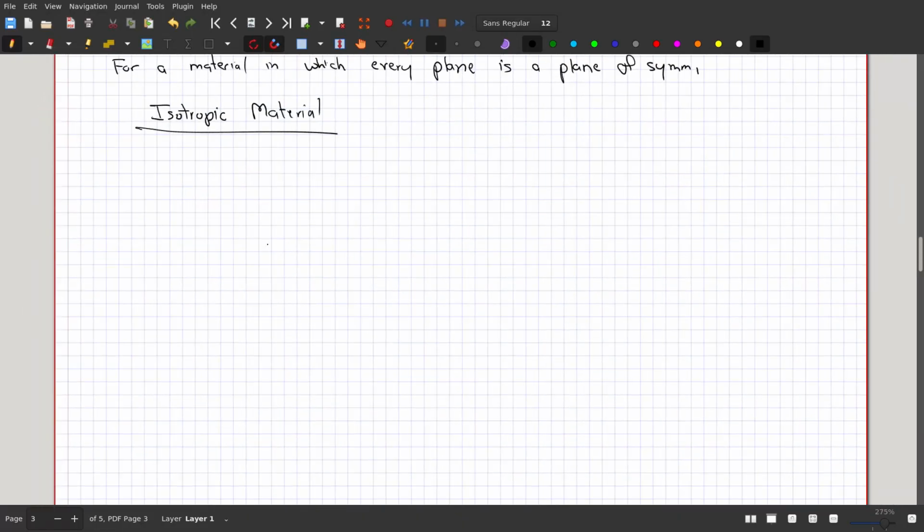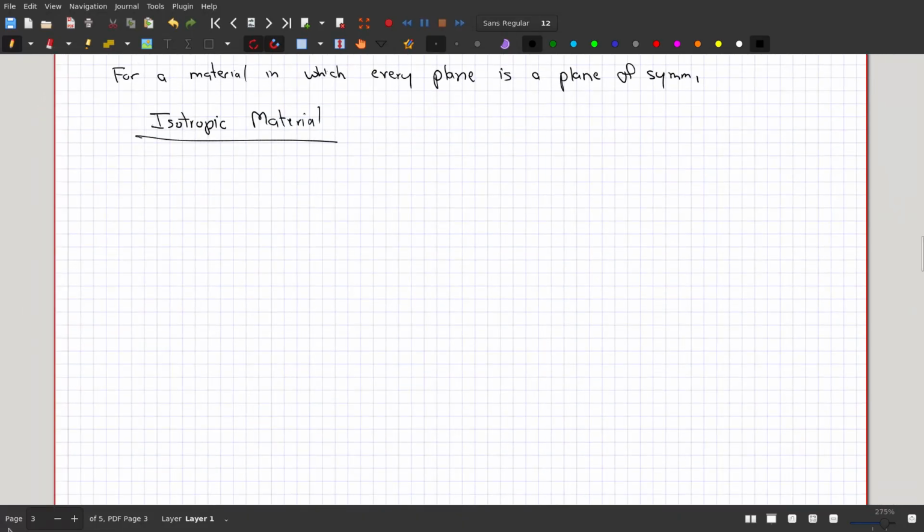And so for that material, then our generalized Hooke's law, I'm just going to write it out again.